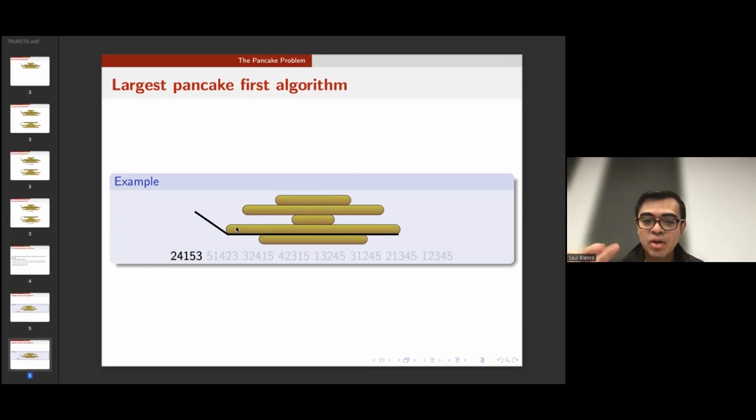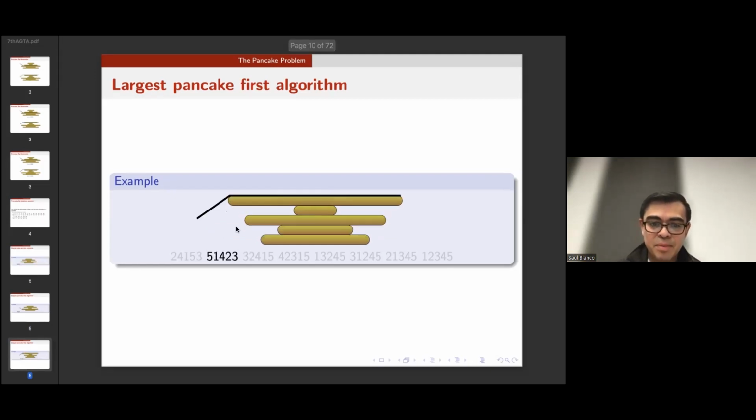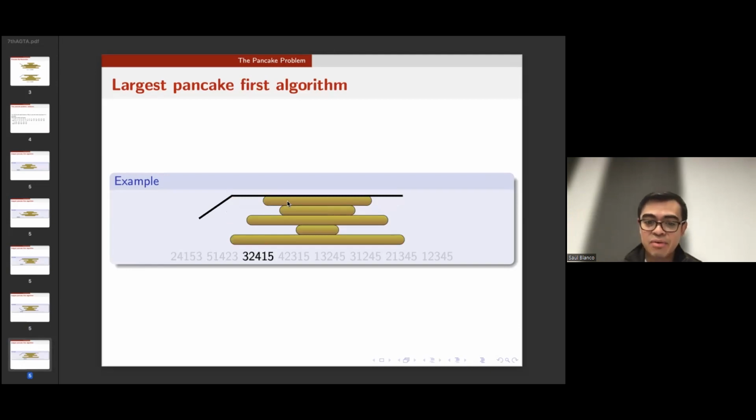So we put it on top, and then that will give us that permutation, right? And now what we do is put this 5 pancake, the pancake labeled 5, in its respective place, which should be at the very bottom. So then we grab the whole stack and we flip it. Now the 5 is in the right order.